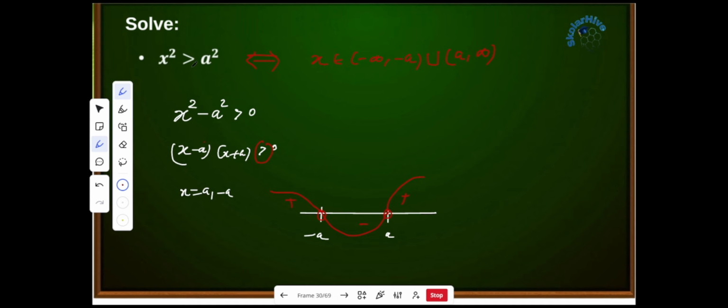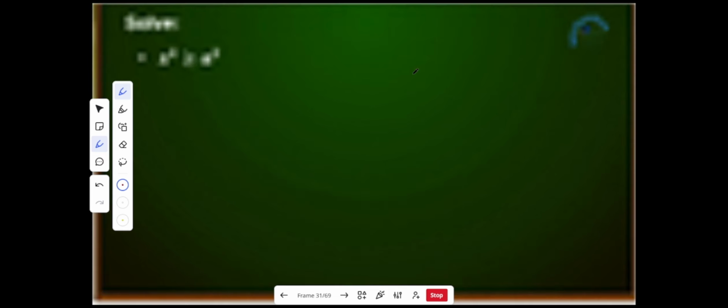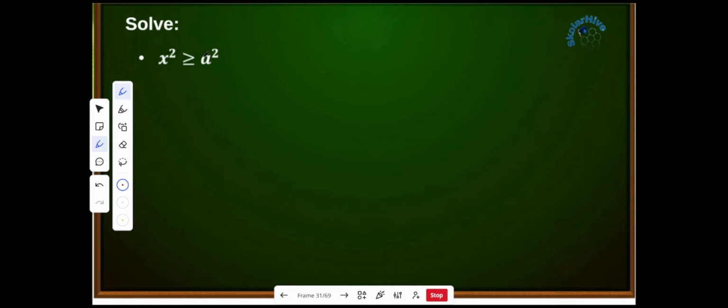The same thing if we have the equality symbol over here: at each end, a and minus a, this will be a closed interval. So if x square is greater than or equal to a square, then we can write it as x belonging from minus infinity to minus a, union a to infinity, with closed ends.